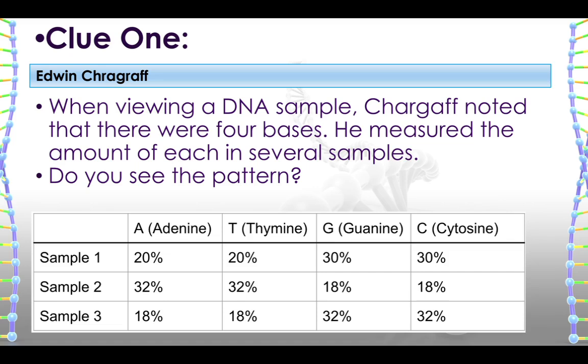And so he measured the amount of each of the different bases in all of those different samples and species. And he was able to see a very clear pattern that led him to publish his work on this. So looking at the sample data table below, do you see the pattern that Chargaff saw?